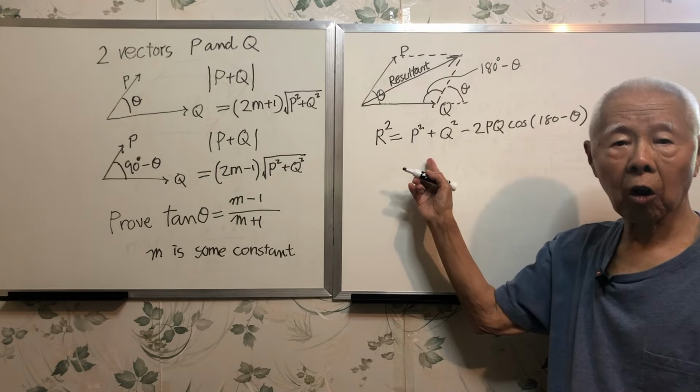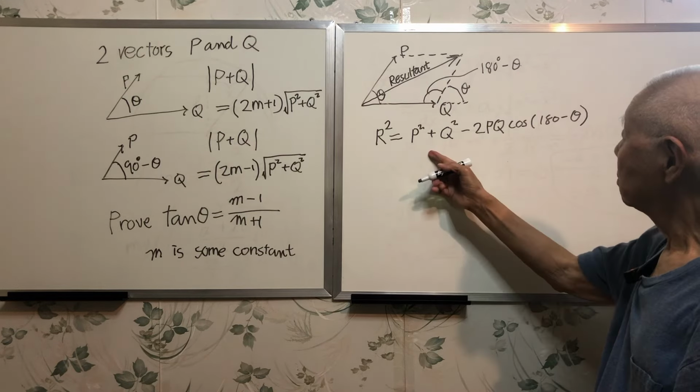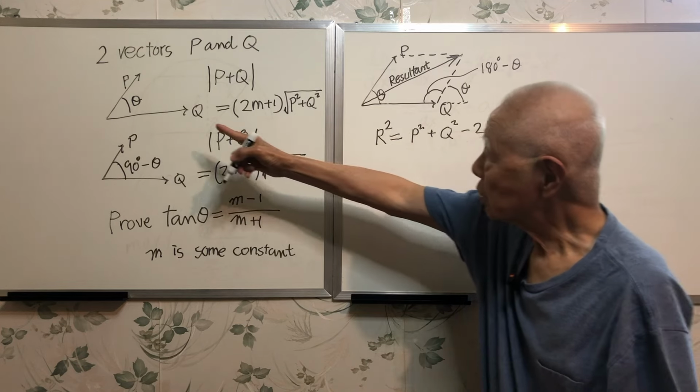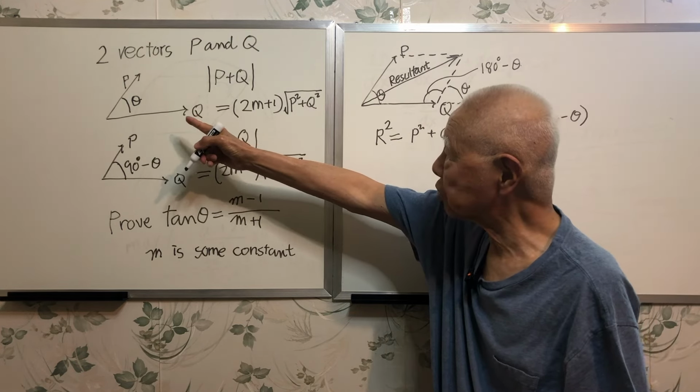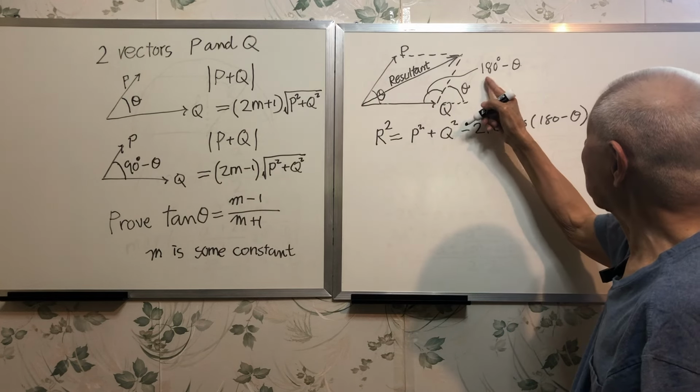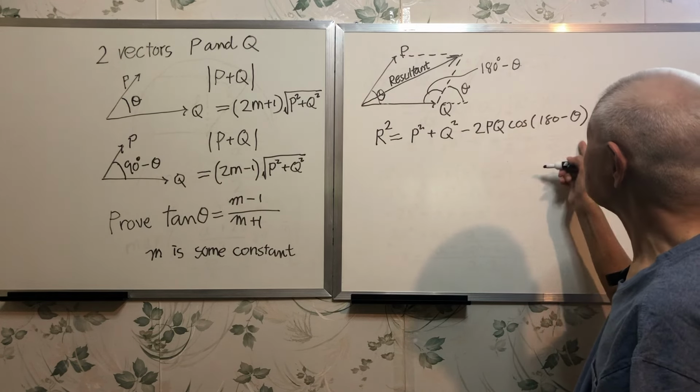This is a cosine law. This is this case. The angle between P and Q is theta, so theta here, then this angle is 180 minus theta.